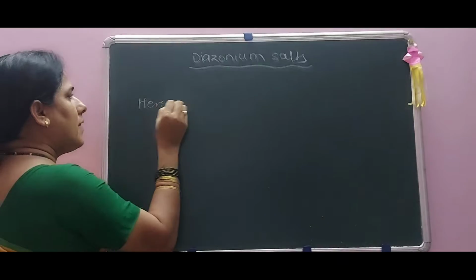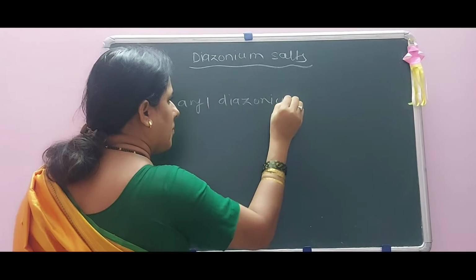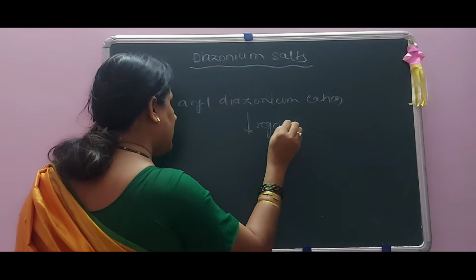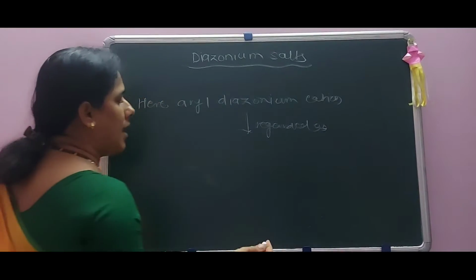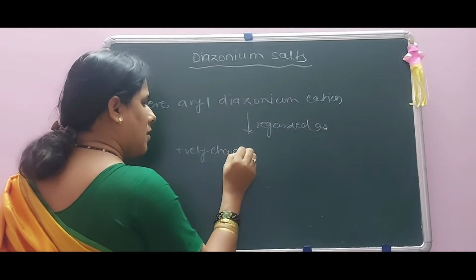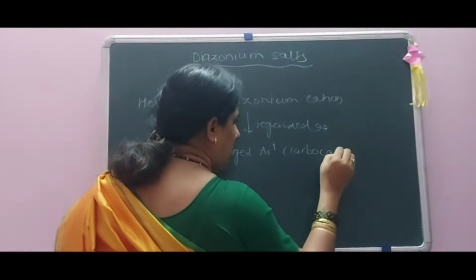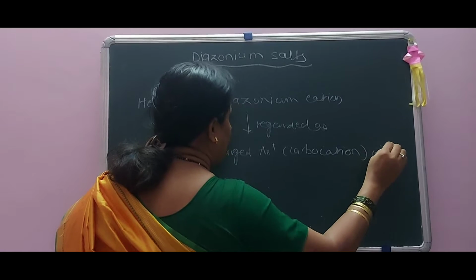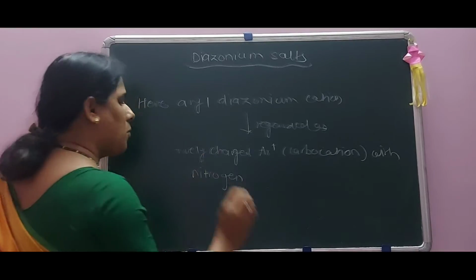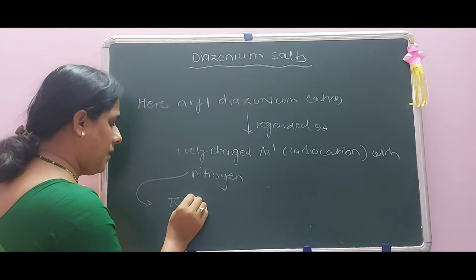The aryl diazonium cation may be regarded as a positively charged Ar plus, a carbocation, with nitrogen. Now, belonging to nitrogen, it is tetravalent.